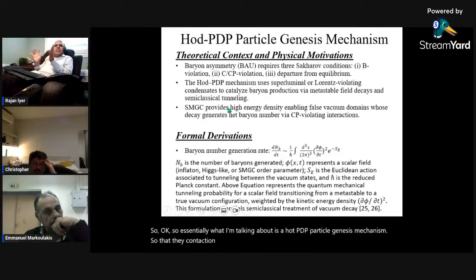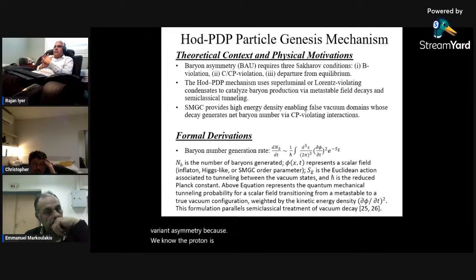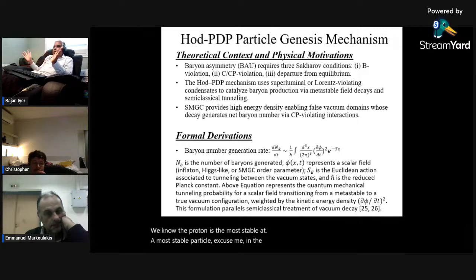So one of the big things is the baryon asymmetry, right? All the top physicists agree that the problem of CPT eventually comes to a baryon asymmetry, because we know the proton is the most stable particle, excuse me, in the universe. So you probably formed a early universe.